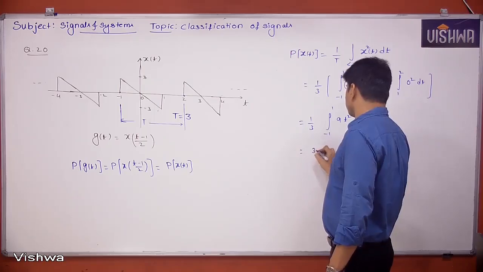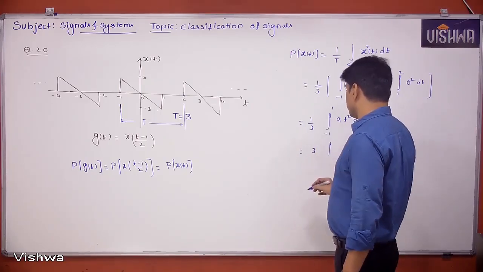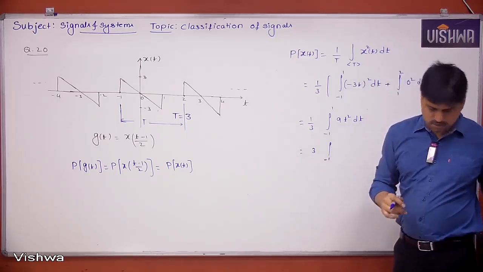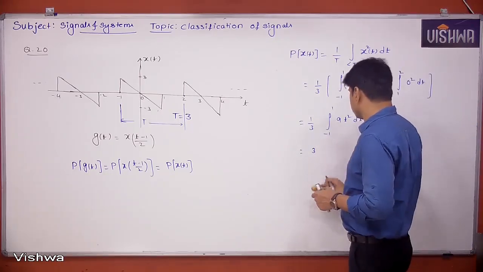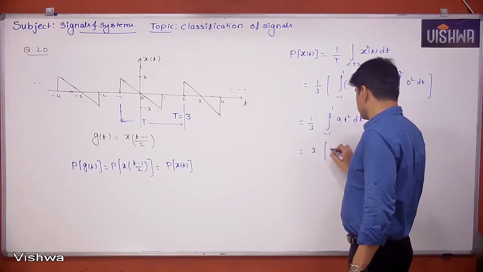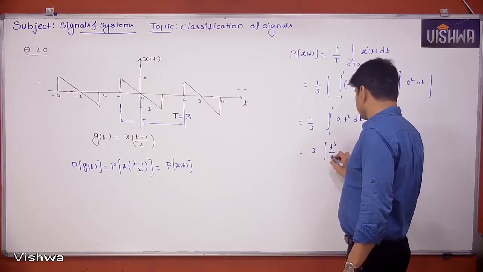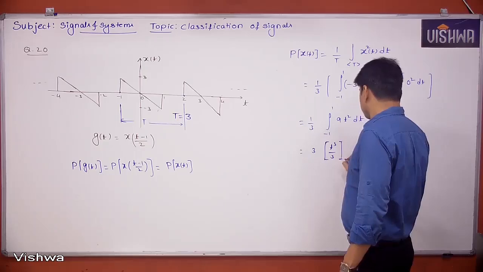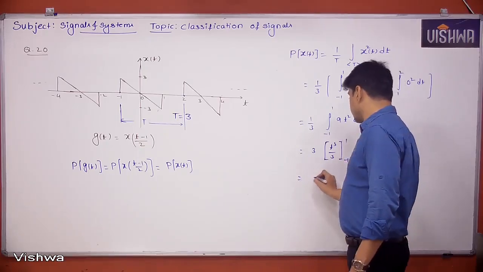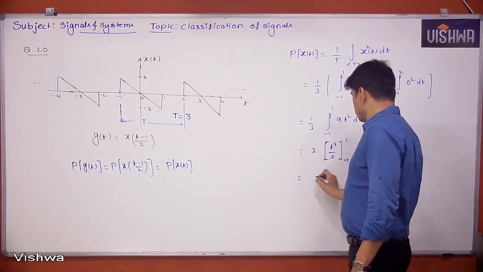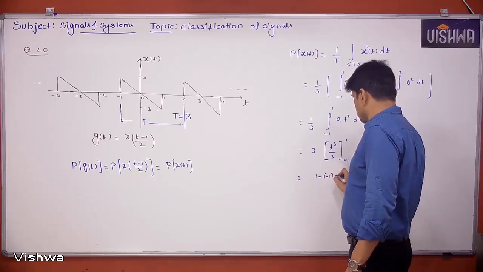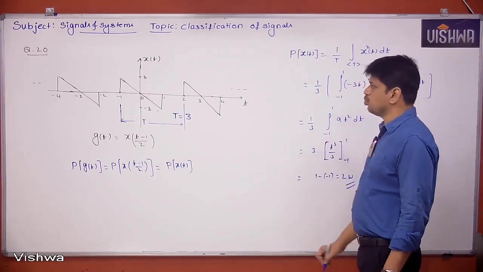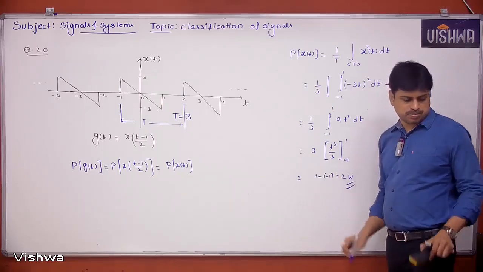Integrating gives t cube by 3, with limits from minus 1 to 1. So the 3 gets cancelled, and finally t cube gives 1 minus (minus 1), which is 2 watts. The power of the signal is 2 watts. Understood? Take it.